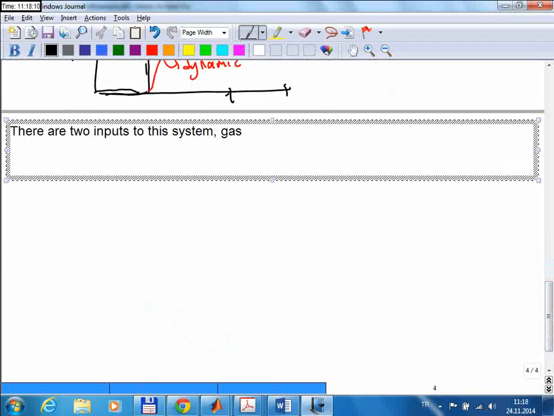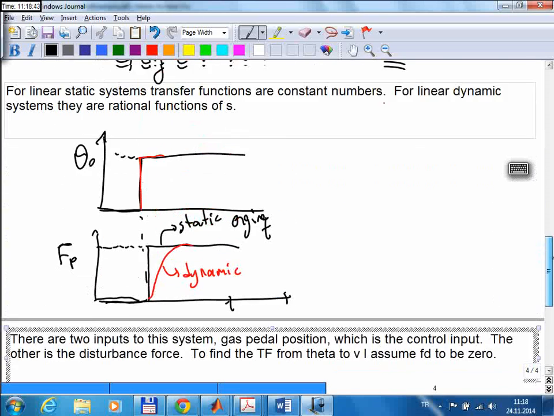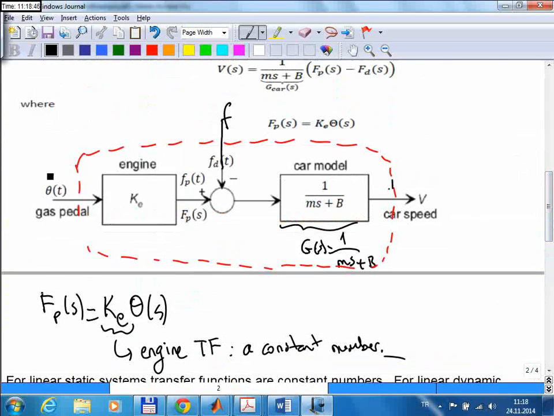The first one is the gas pedal position, which is the control input. So to find the first one, the transfer function from the gas pedal position to the speed of the car, I assume this force is zero.